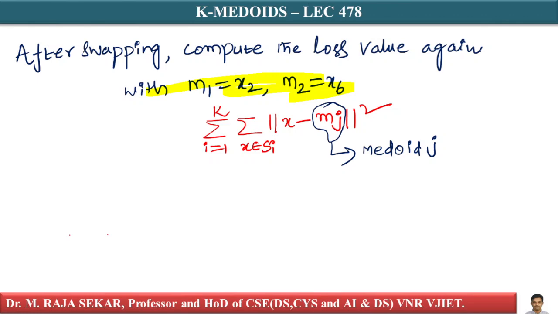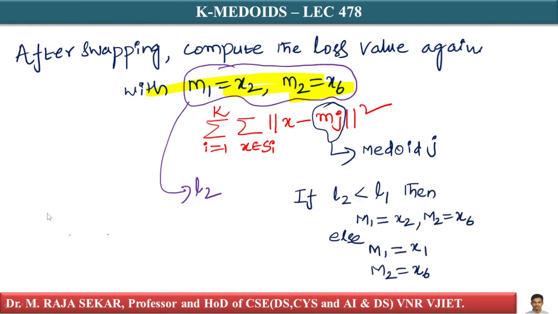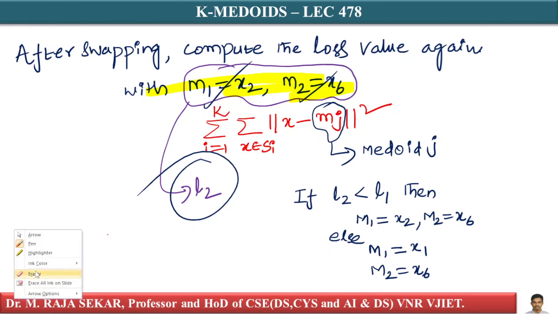Let's say this is my L2, and the previous one is L1. If loss L2 is less than L1, then I will say m1 equal to x2, m2 equal to x6. Else m1 equal to x1, m2 equal to x6.